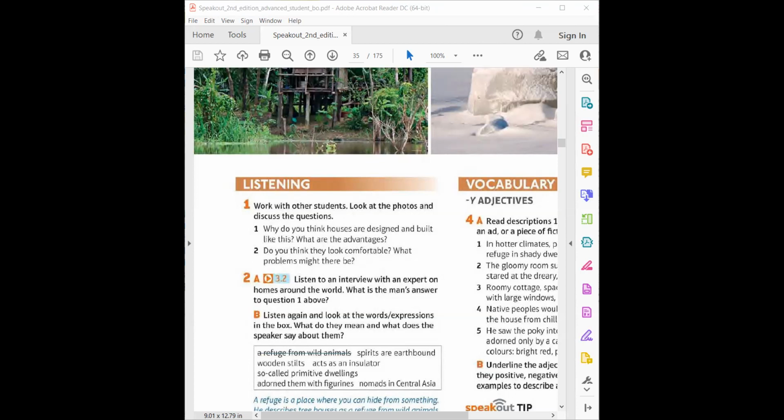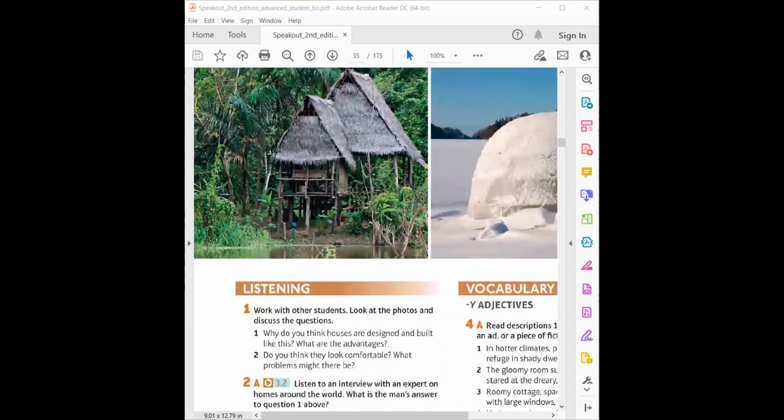Yeah. The other question asked us if it is comfortable. What do you think his answer was? Yeah, it's pretty comfortable. Yes, because they were built for a reason. They're using what's there, and they're using it according to the nature there, not to our conditions, to theirs.